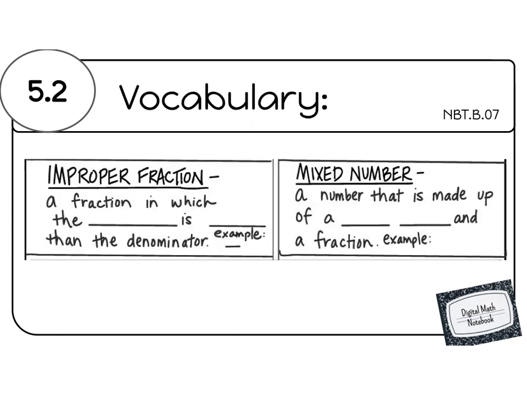Today's lesson has 2 vocabulary words. You have an example of this in your digital math notebooks and you are looking to fill in the blanks. On the left side here, we have an improper fraction.